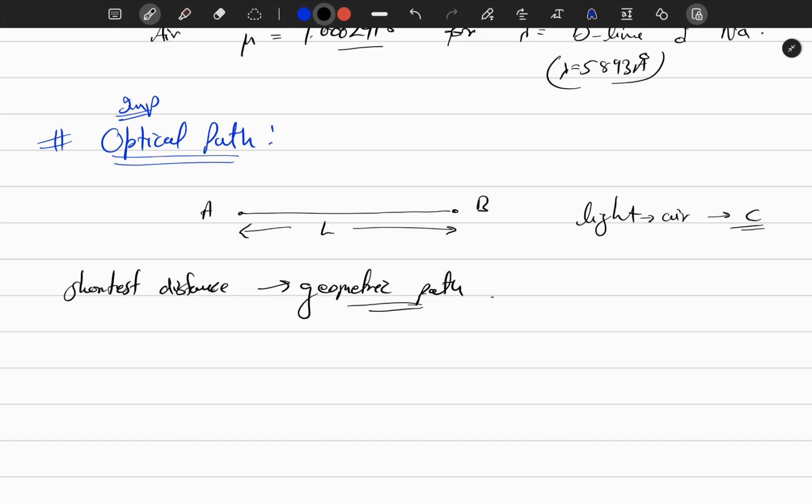And if the medium is other than air, then it will travel with velocity v, which is less than c, the velocity of light in vacuum or air. Therefore, light takes more time to go from point A to point B located in a medium.